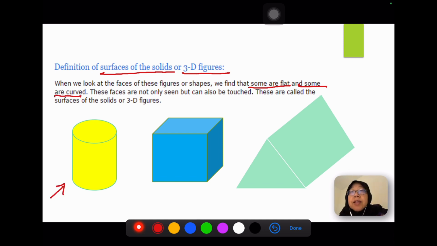Like a cylinder, this is curved, this is flat. These surfaces can not only be seen but also touched. When you buy Coca-Cola canned drinks, you can actually feel the curved cylinder. Now these are called the surfaces of the solids or 3D figures.